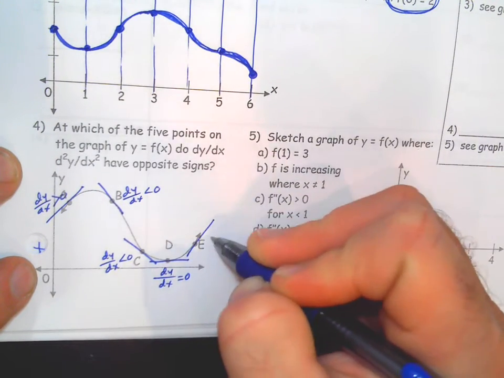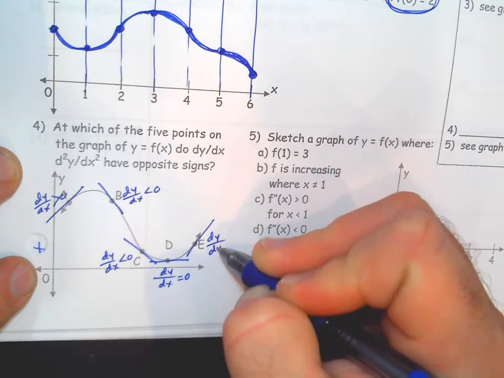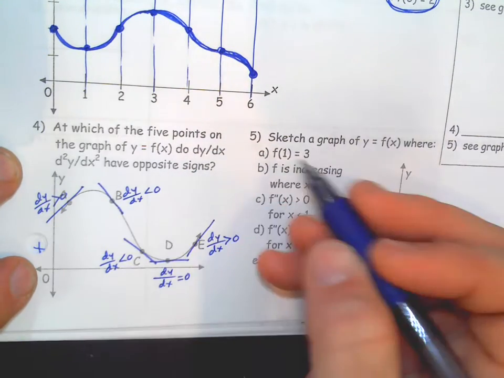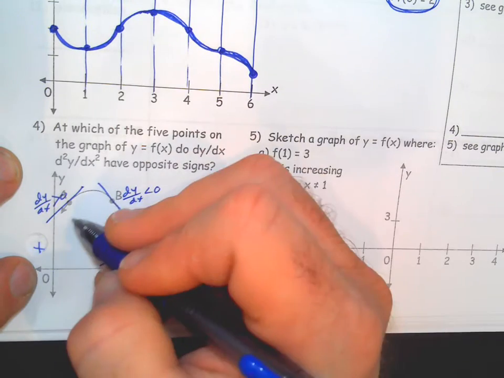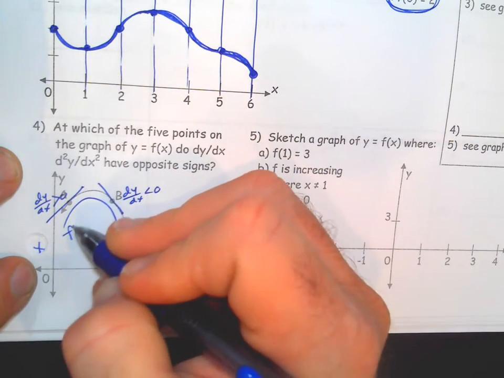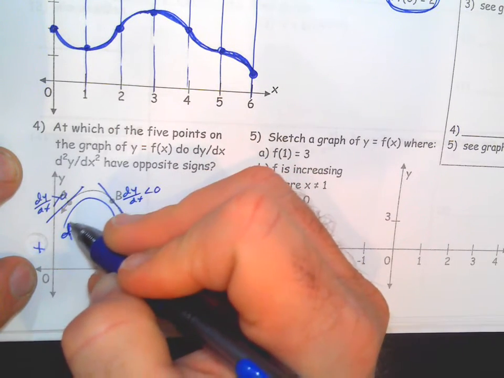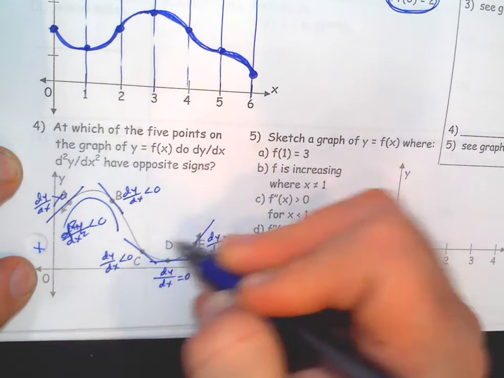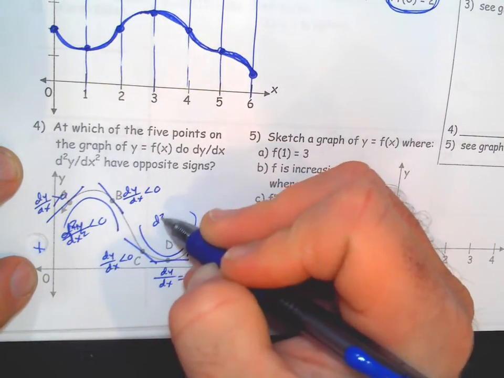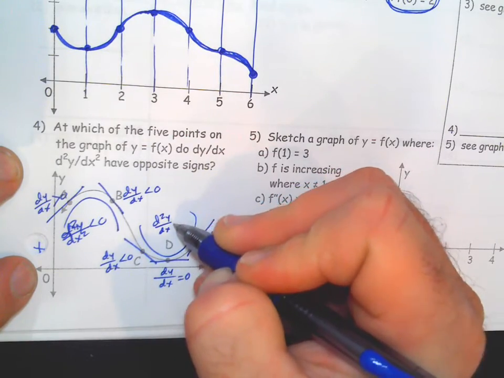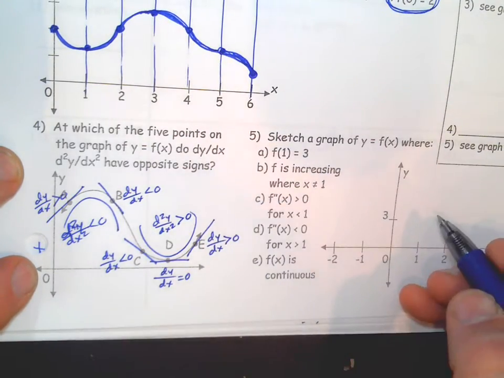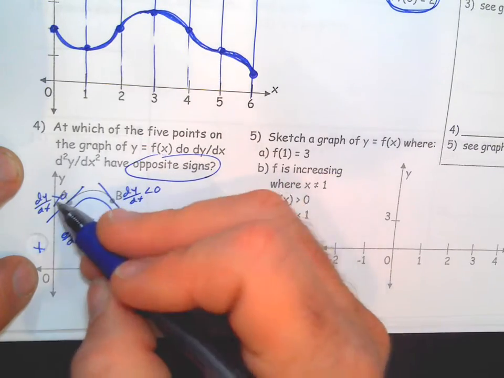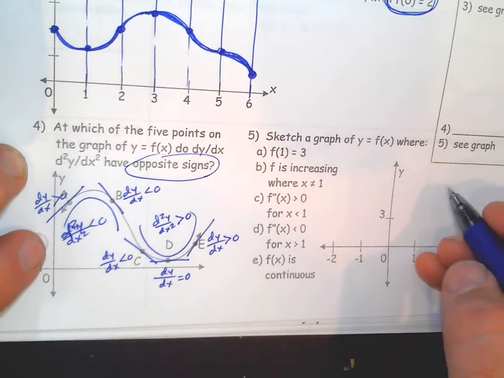And here, I'd say dy/dx is positive. And we're looking at the original graph. This is all concave down, so f double prime, or the second derivative of y, is negative. And this is concave up, so the second derivative of y is positive. So where do they have opposite signs? Well, this one's positive and negative, so I'd say A.